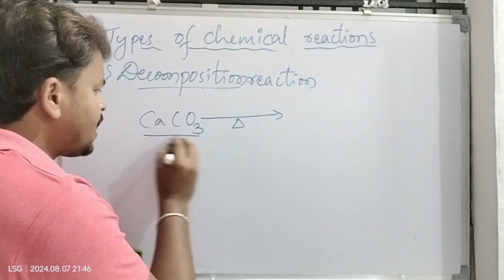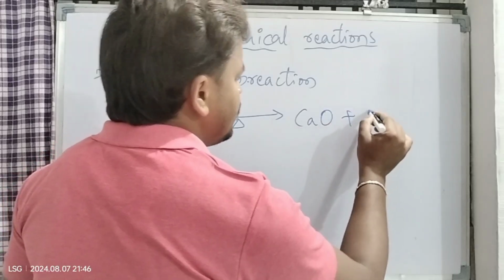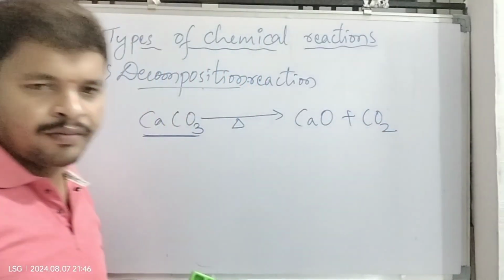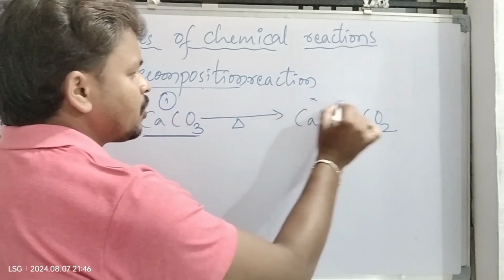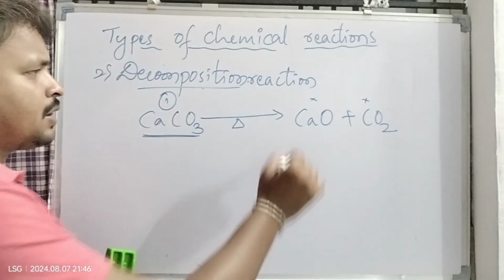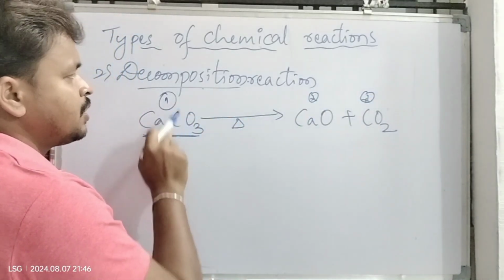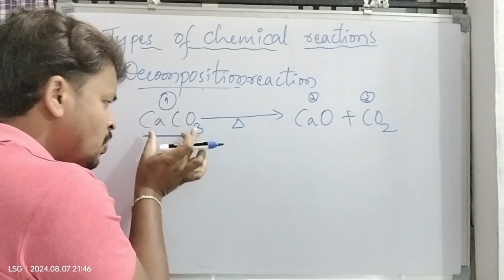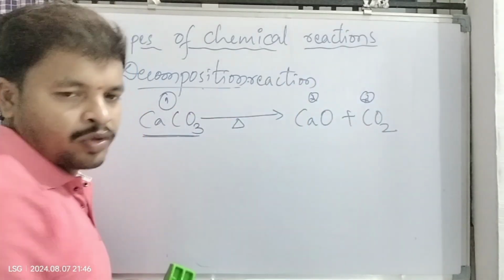See here, when calcium carbonate is heated, we get calcium oxide with carbon dioxide. One reactant, two products. Here one, here one. Two products are there. The reactant is one. This is decomposition, meaning one substance is getting decomposed into two or more.